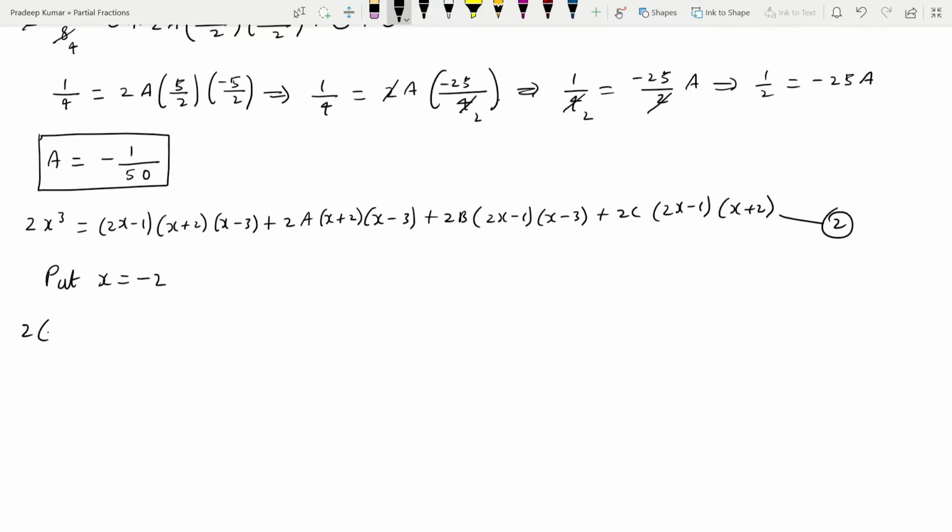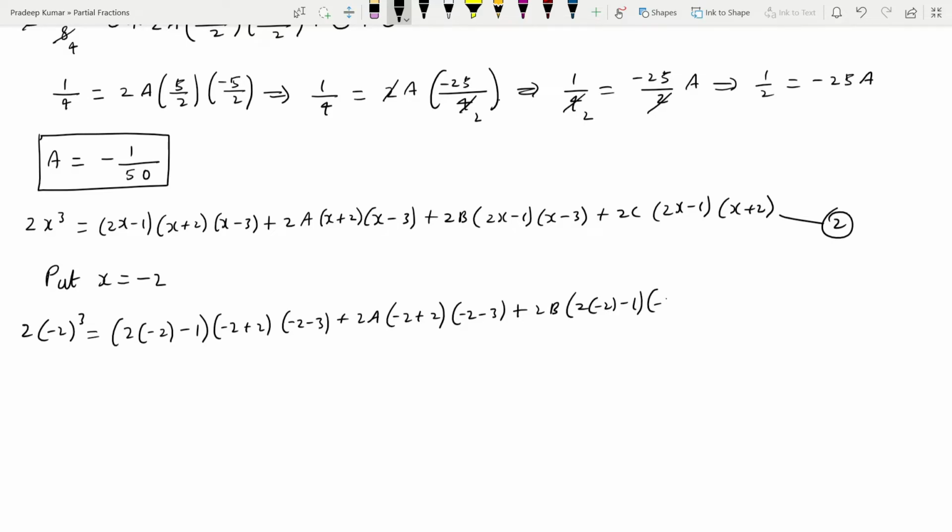I can write 2 into minus 2 whole cube equal to 2 into minus 2 minus 1, minus 2 plus 2, minus 2 minus 3, plus 2a into minus 2 plus 2, minus 2 minus 3, plus 2b into 2 into minus 2 minus 1, minus 2 minus 3, plus 2c into 2 into minus 2 minus 1, this is minus 2 plus 2. Okay, so we'll try to do this.